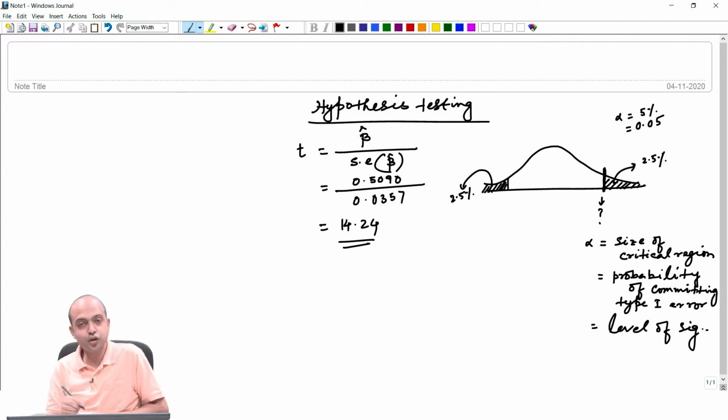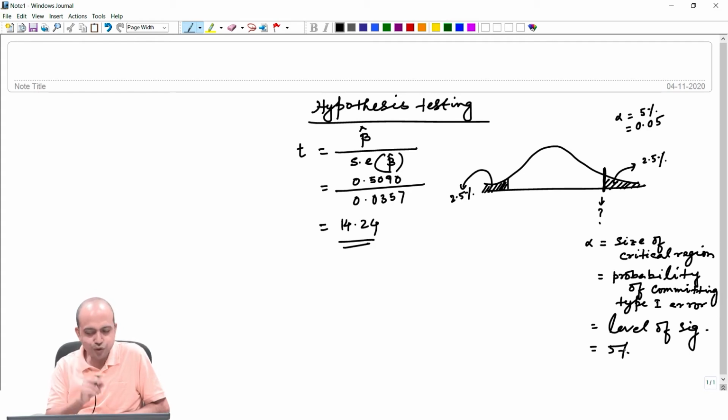These are the three interpretations of alpha, and that is equal to 5%, right. So, we are saying that we will commit 5 type 1 errors in 100 cases. That is the pre-specified level of alpha we have kept.